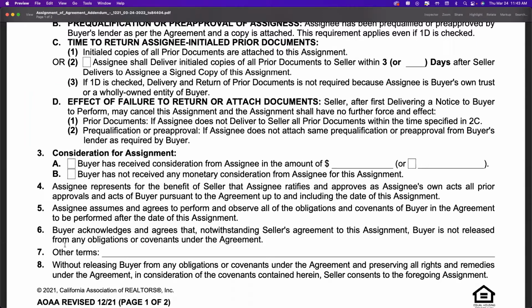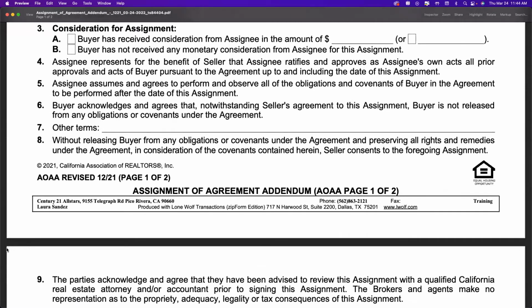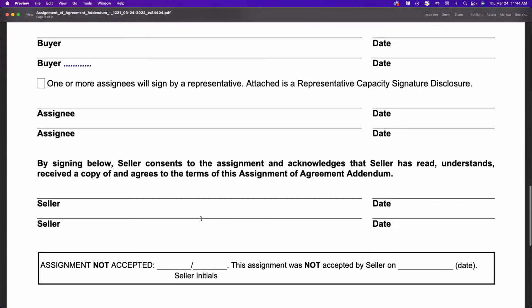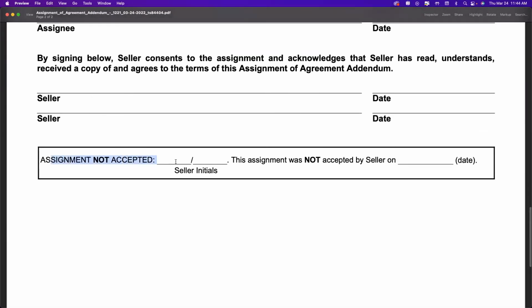So just remember that this is what we're using for adding, removing, or completely giving it to a new buyer. This is the form, nothing else. Not amendments, not addendums, nothing. Okay? Any other questions about this assignment agreement? And here you go, right here: assignment not accepted. This assignment was not accepted by seller on.